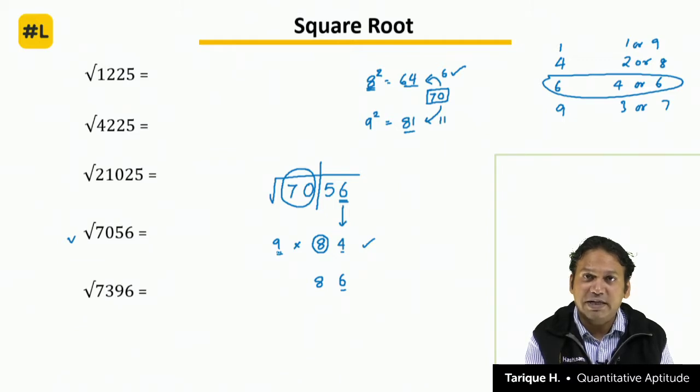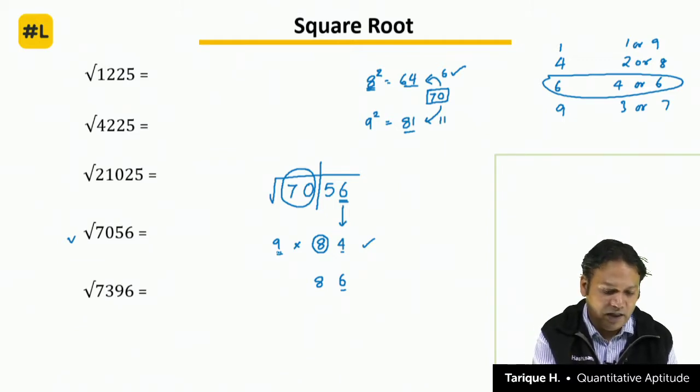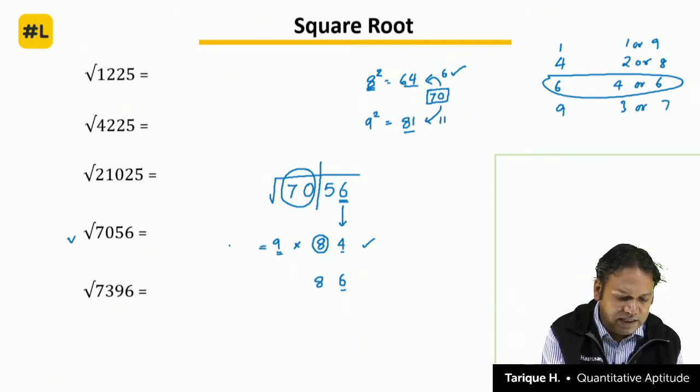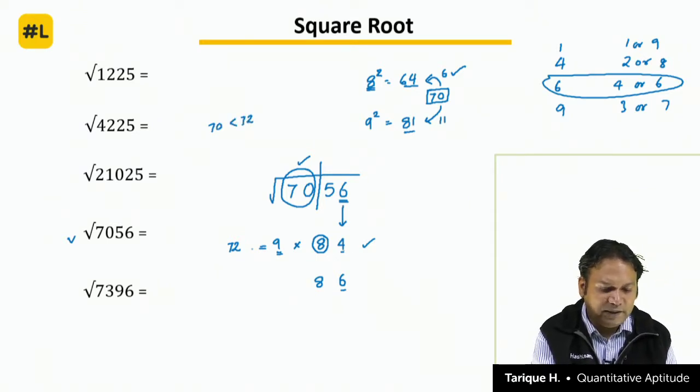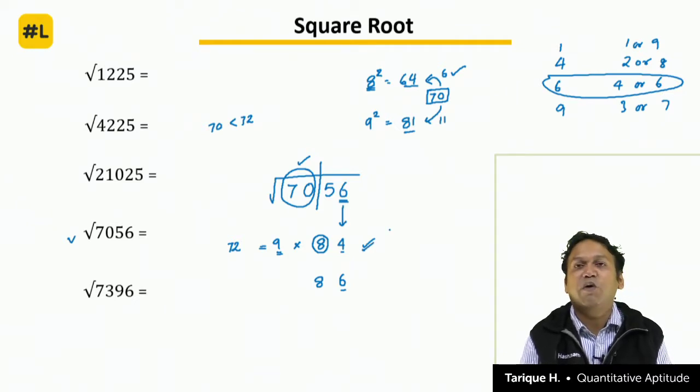What is the next number to 8? 9, 8 plus 1. What is 8 into 9? 72. Now this number 70, is it less than 72? Yes, 70 is less than 72. So if it is less than this product, then the answer will be the smaller value. If it is more than the product, the answer will be the higher value.